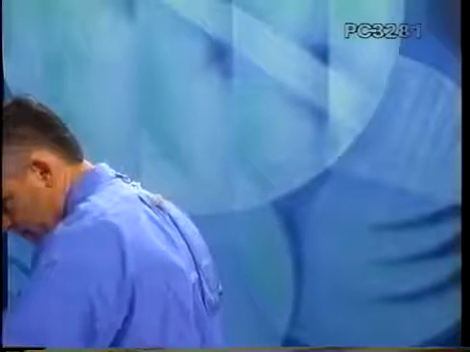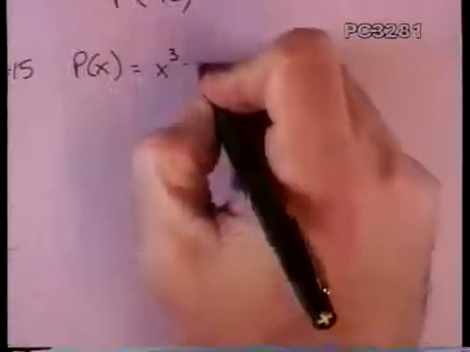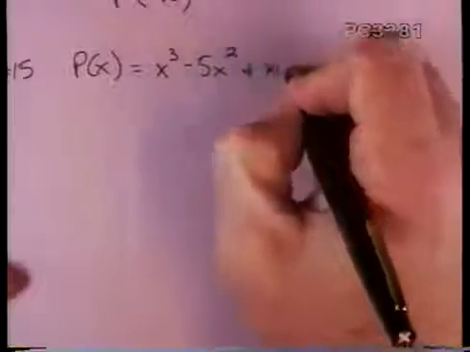Now, let's look at number 15. I want to look at one of these with you, the way it's written. P of x is equal to x cubed minus 5x squared plus x minus 1.